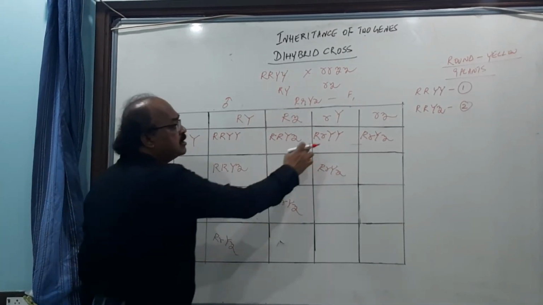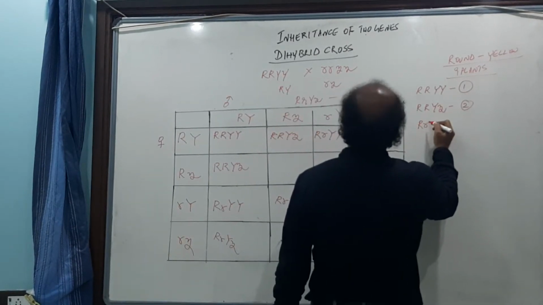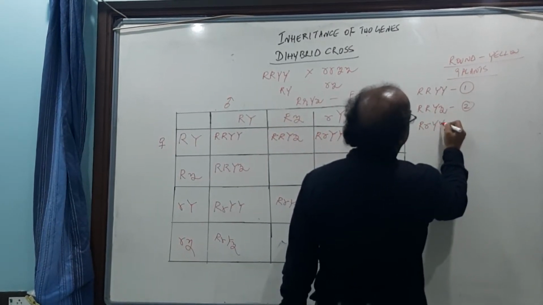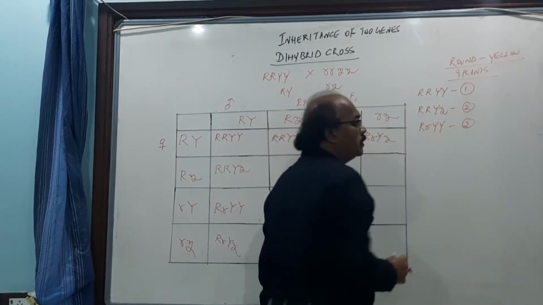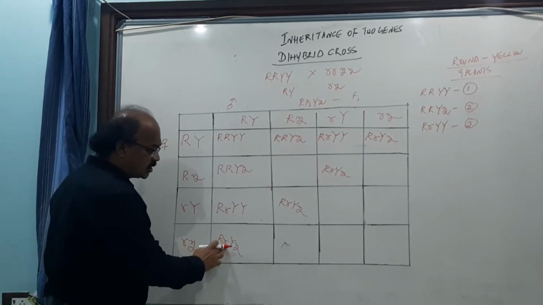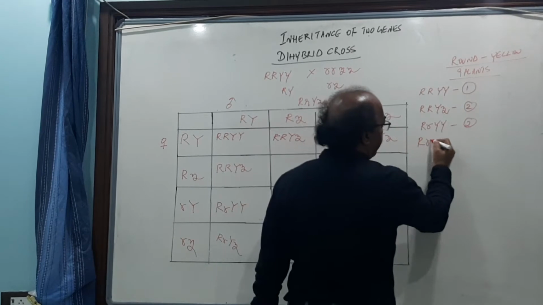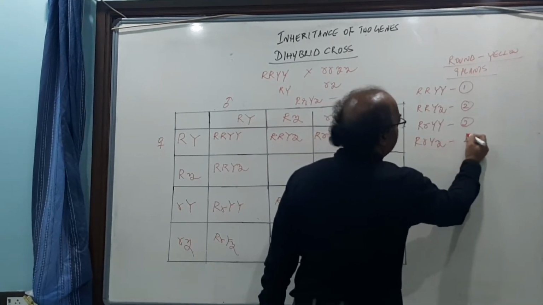This genotype both are same. Capital R, capital Y, you got 2 plants. Capital R, capital Y, small y, you got 4 plants.